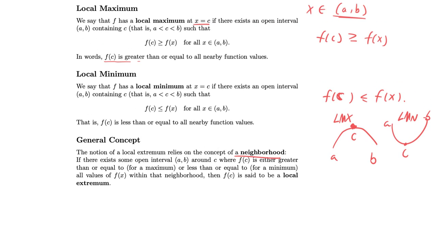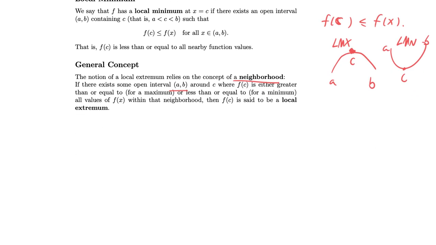So right now we define this for a to b, but as long as there exists some open interval ab around c where this is true, then we can call this a local extremum. So for example, if we have something like this, where you only have a very brief peak, this would still be considered a local maximum because we can still find some neighborhood around it that has it as a local extremum. So here we would have two local extrema, one local max, one local min.